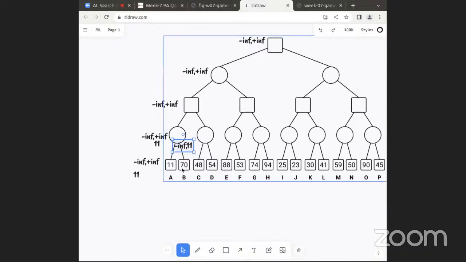This 70 will be compared with the 11. Now the min node says no, I'll keep 11. What B received is minus infinity, comma 11. It returned 70, but now I have to put 11 here.